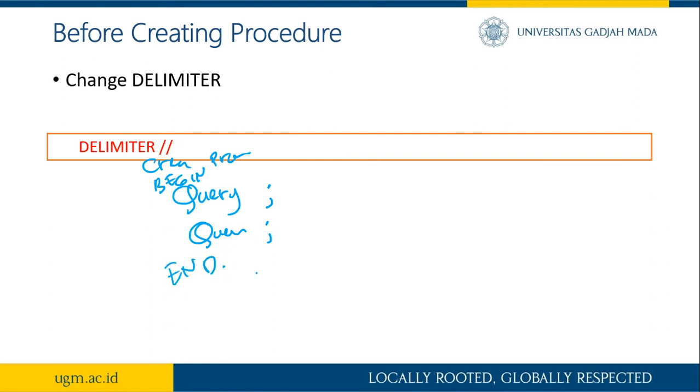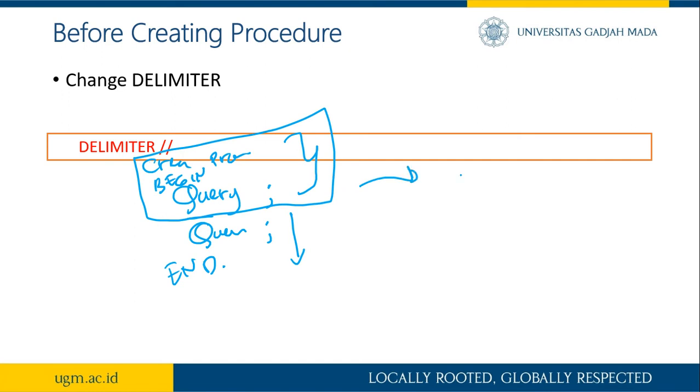See? If you don't change your delimiter, your procedure will be executed at this stage, not the whole procedure. Of course, this will result in an error. Why is it an error? Because you already began the procedure, but you never ended it, since it already executed when it met the semicolon.